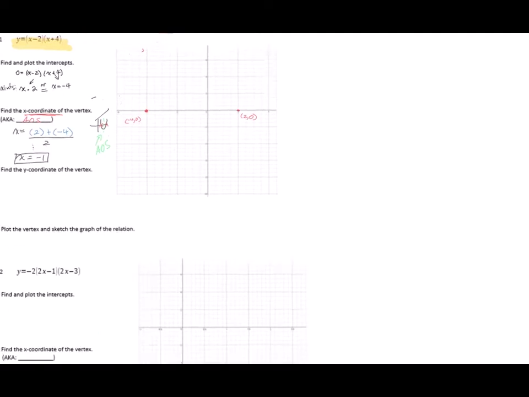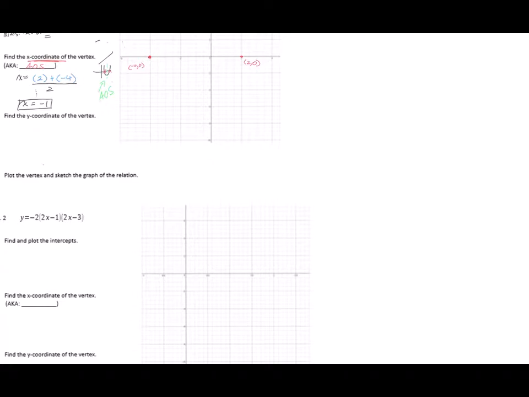Now, the next stage of our problem is to actually find the y coordinate of our vertex. To do that, we need to sub our axis of symmetry, i.e. the x coordinate of the vertex, into our original equation. So we start with our basic equation, then substitute directly in. So subbing in, we end up with negative 3 times 3, which gives us the y coordinate being negative 9.